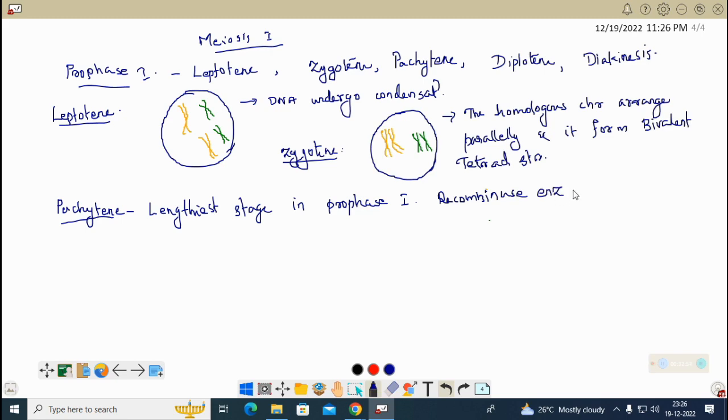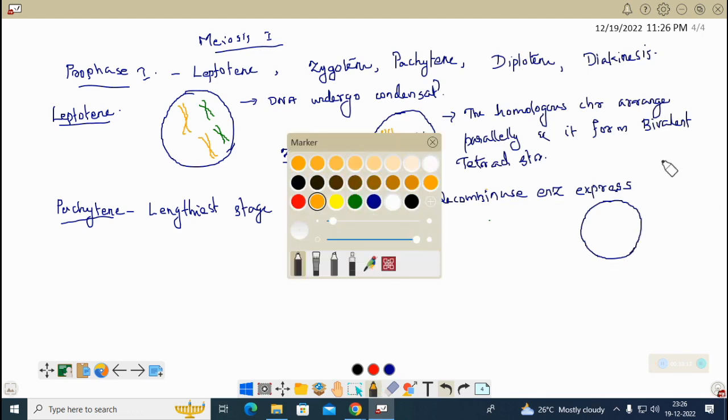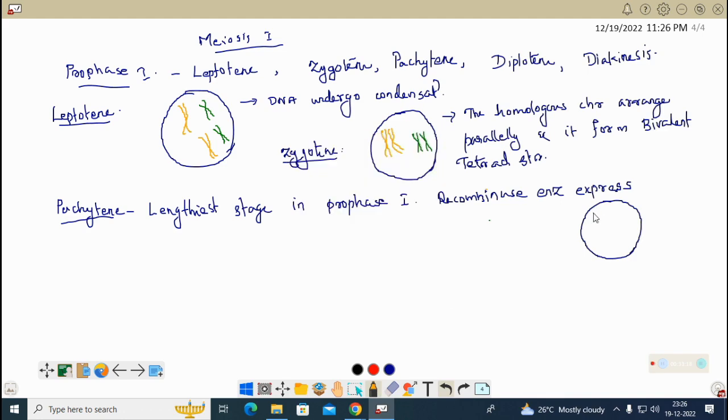What is the function of recombinase? Recombinase helps in recombination between the non-sister chromatids of homologous chromosomes. So I'm drawing that here. They will first form the recombination nodule. I'll show you how it forms.